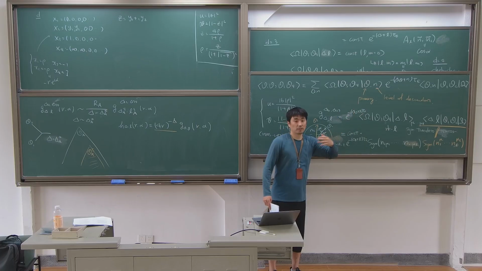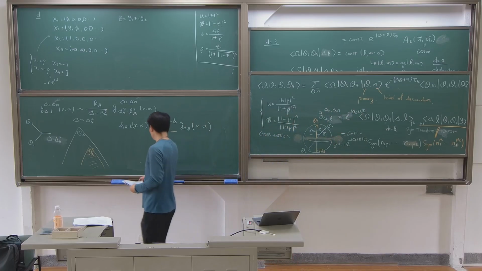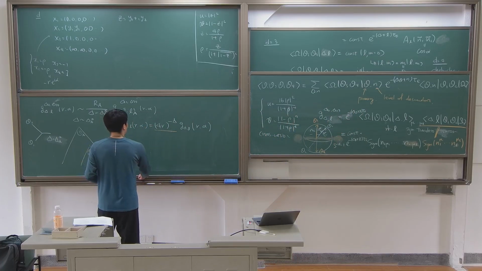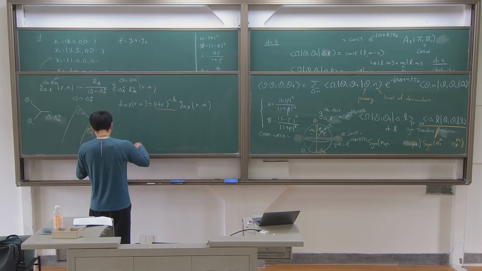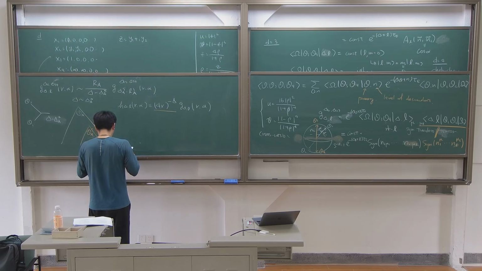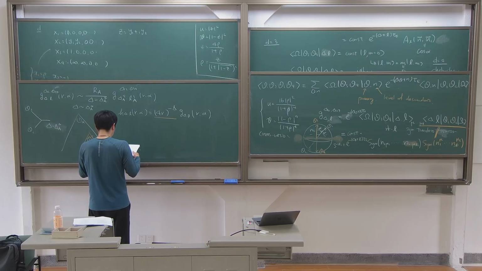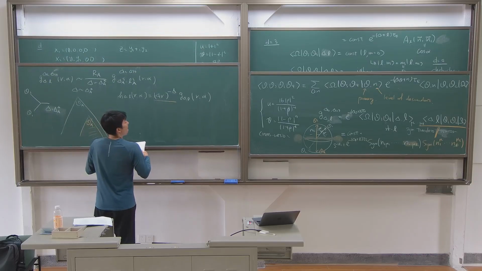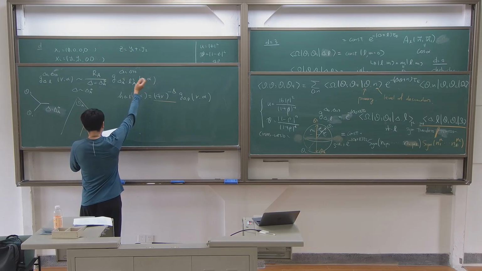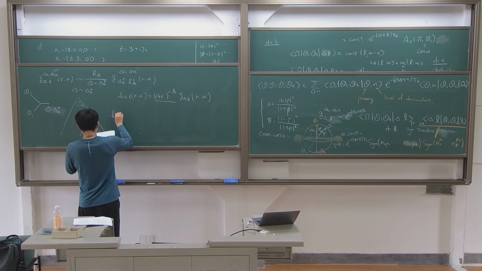Then this conformal block function will take the recursion relation as I mentioned last time.